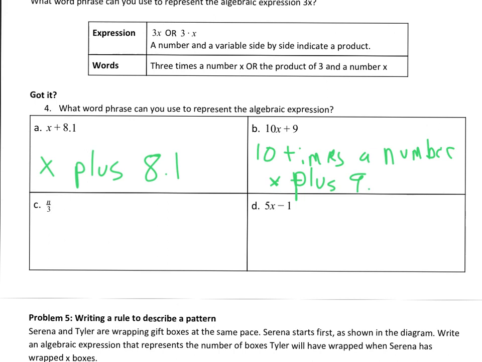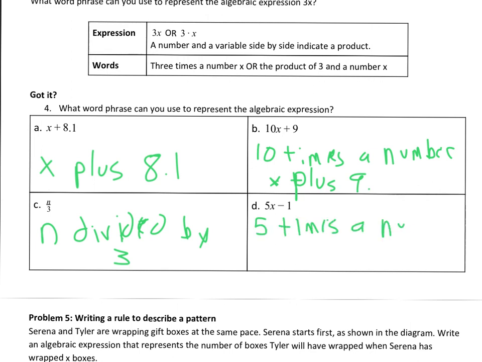Next one, the way I read it, n divided by 3. I could just say n divided by 3, sorry about my handwriting, and you've got it. Last one, very similar. I'm going to say maybe 5 times a number x minus 1.